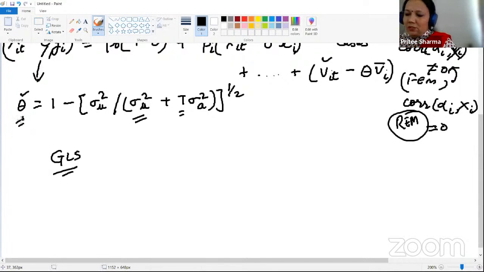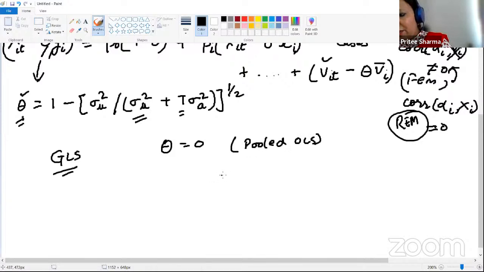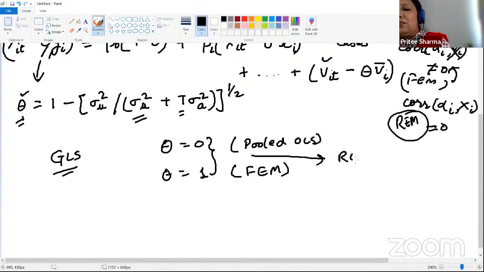If theta is equal to 0, then what you are getting is pooled OLS. If theta is equal to 1, then you get the fixed effect model. And if theta ranges between 0 and 1, then what you get is your REM.